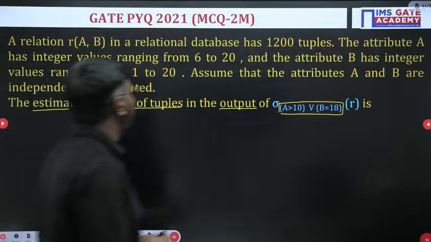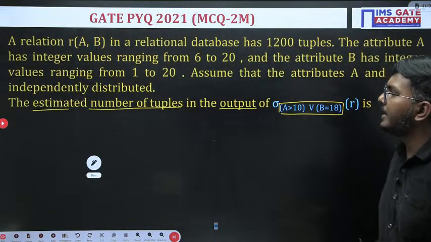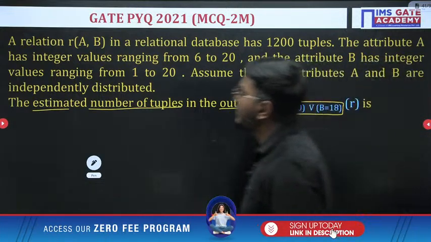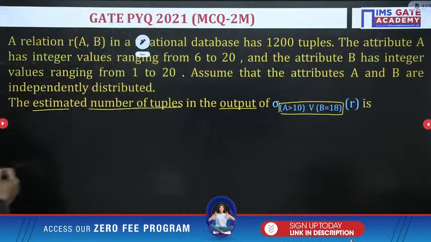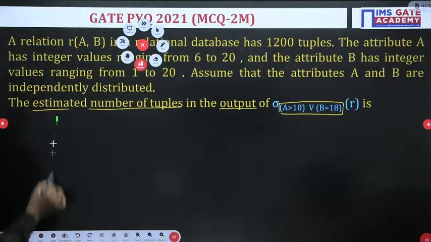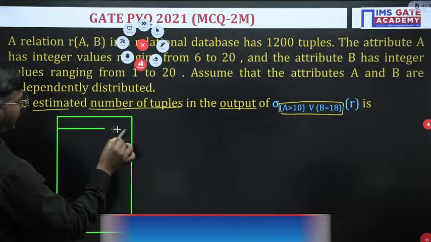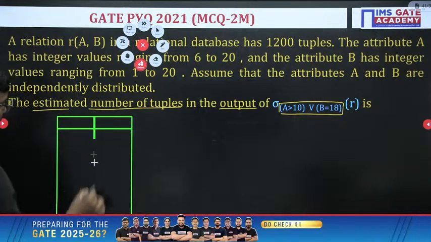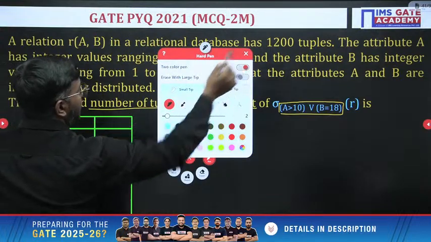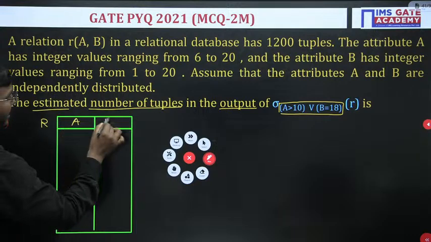Okay, the question says a relation R is given with attributes A and B. Fine.